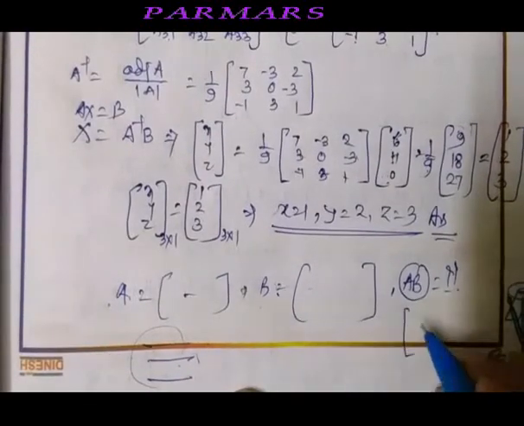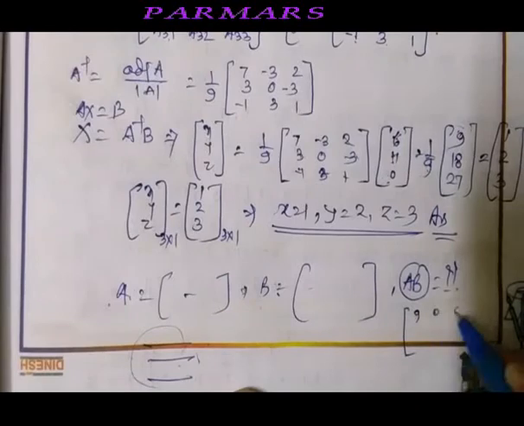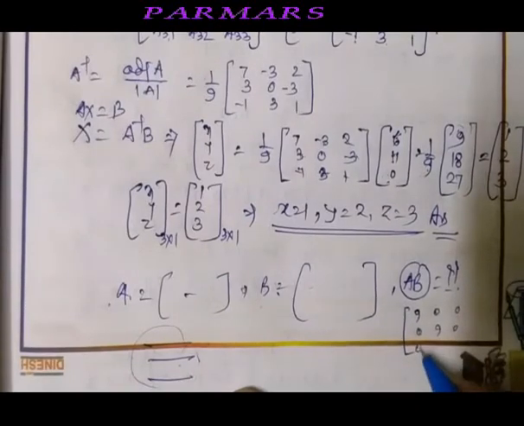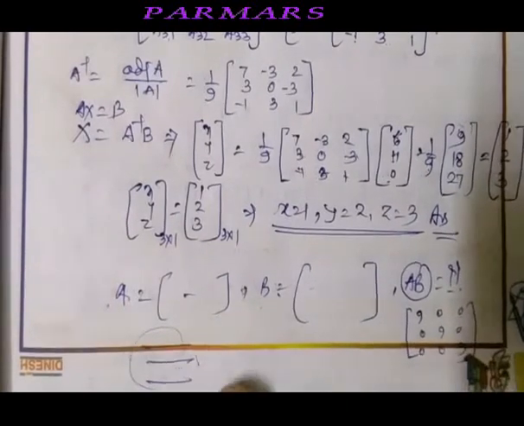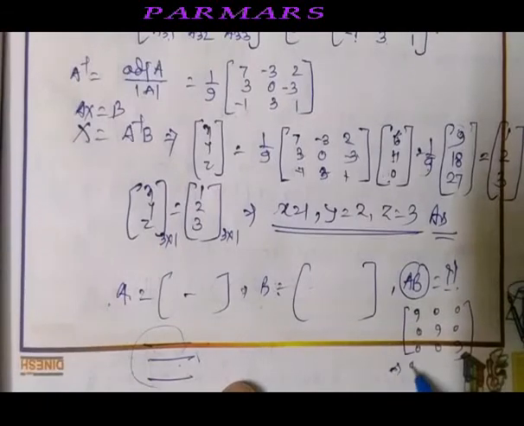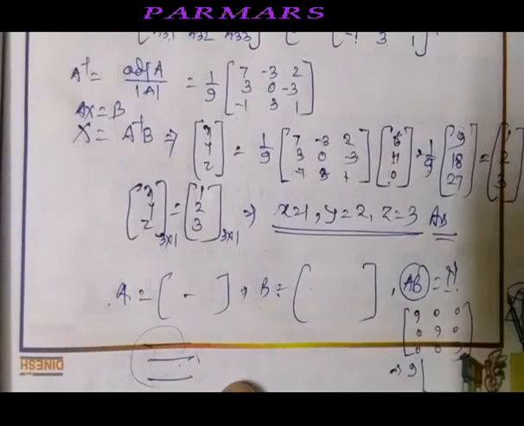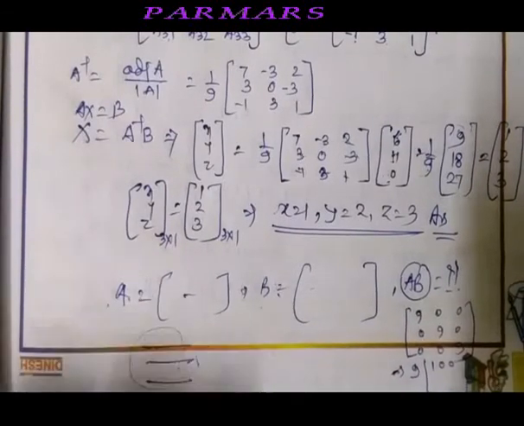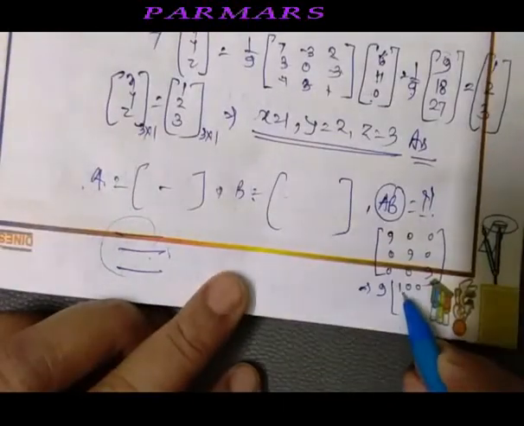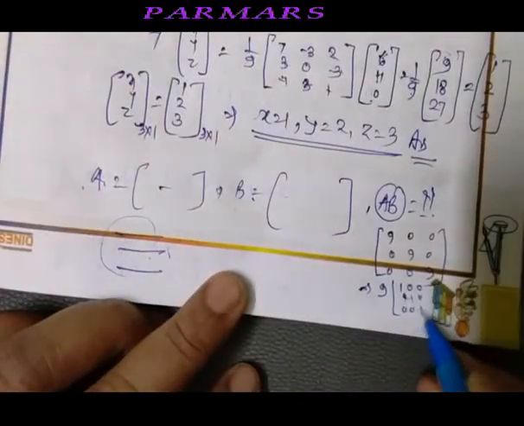In that case, suppose 9 0 0, 0 9 0, 0 0 9. Okay, so that is 9 into the identity matrix 1 0 0, 0 1 0, 0 0 1.